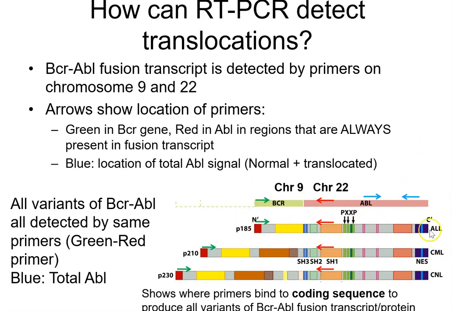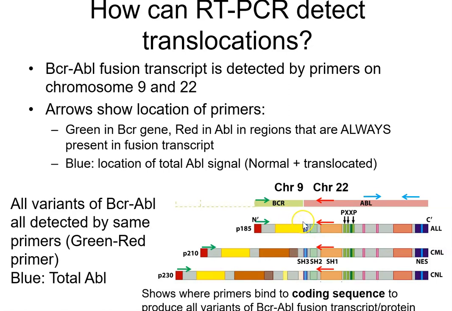Now if we look at the protein that this translocation codes for, this produces the P185, 185 kilodalton protein. This is the N-terminus, this is the C-terminus, and this just shows different protein domains. But basically, this protein here is BCR protein, and in this particular example, this is acute lymphocytic leukemia, from this point left is coded BCR protein, from this point right codes for ABL protein.